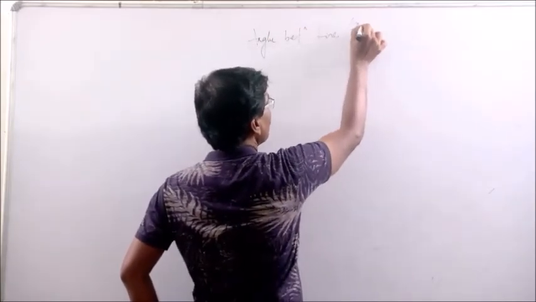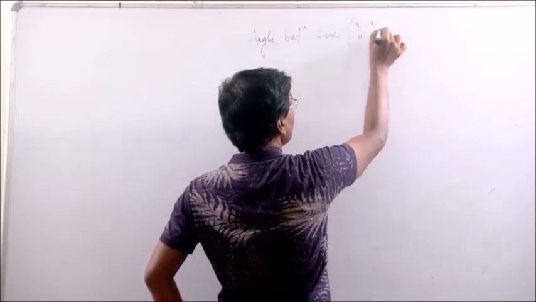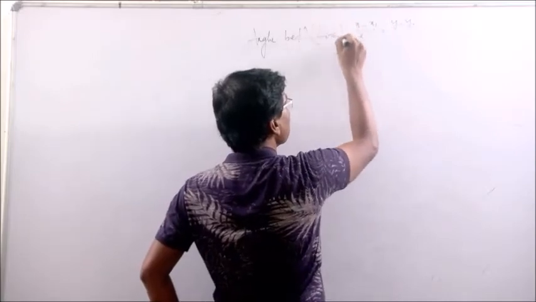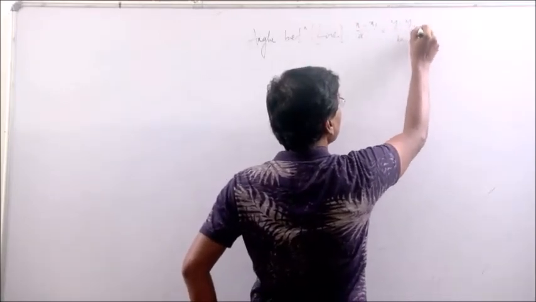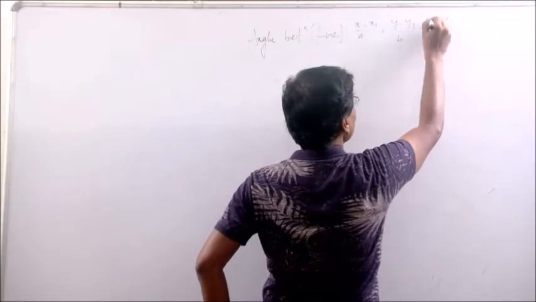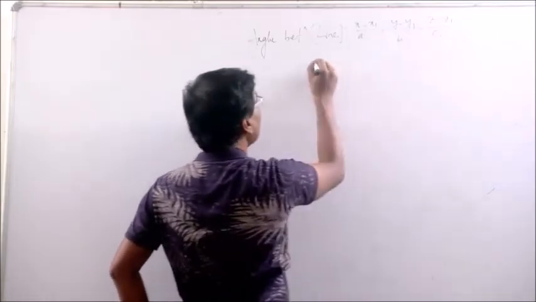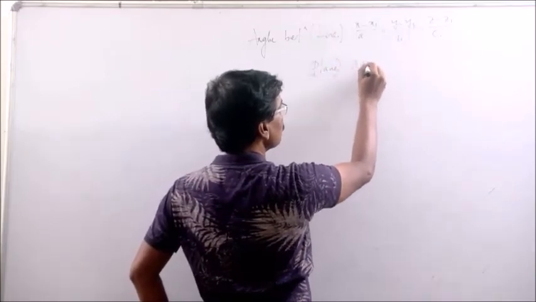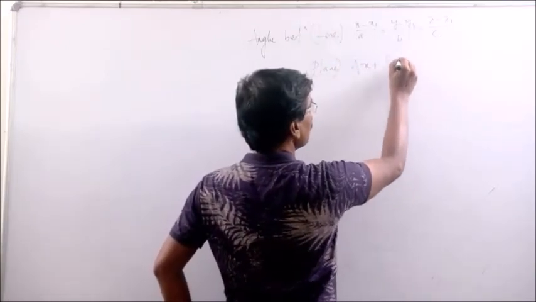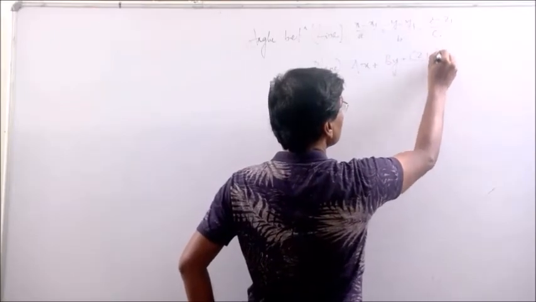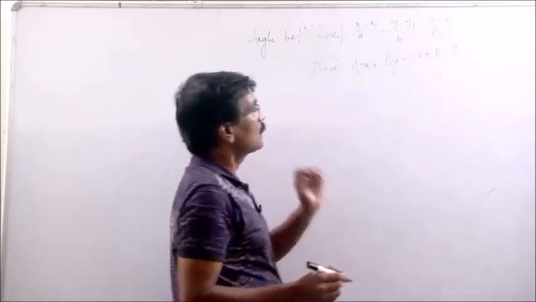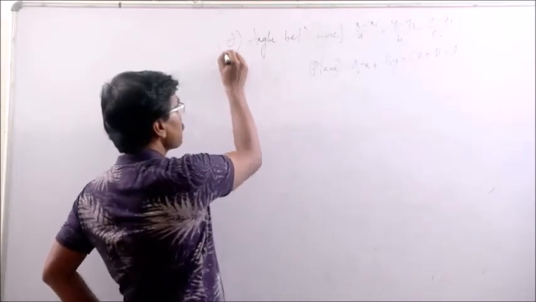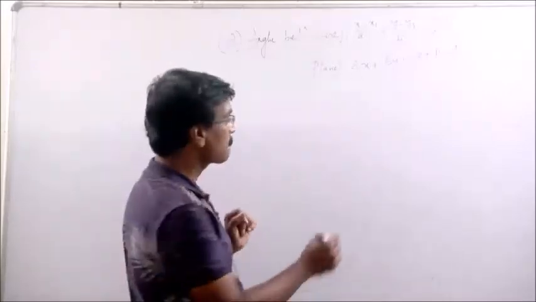Line, that is (x minus x1) by a, (y minus y1) by b is equal to (z minus z1) by c, and a plane, that is ax plus by plus cz plus d is equal to 0. So, suppose angle theta is between a line and a plane.